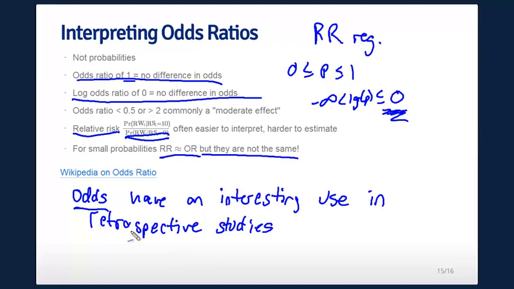And it was kind of a big breakthrough in statistics, and it did actually come about in the study of lung cancer and smoking.